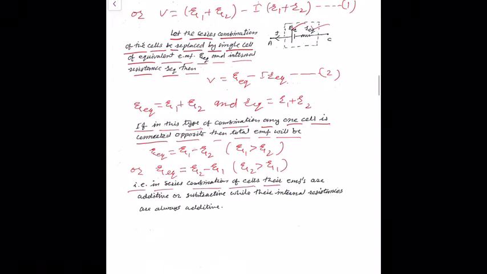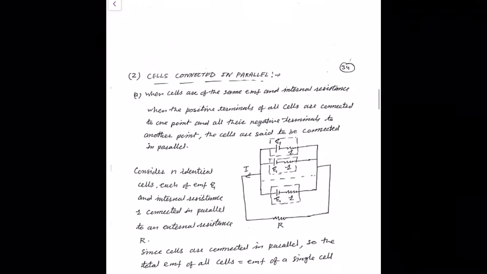That is, in series combination of cells, their EMFs are additive or subtractive, while their internal resistances are always additive.